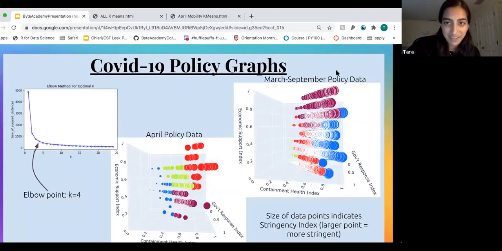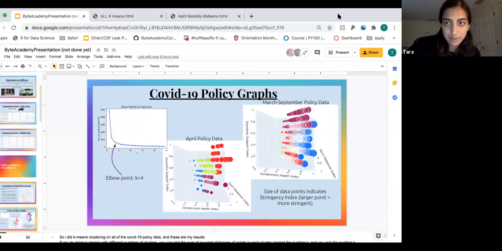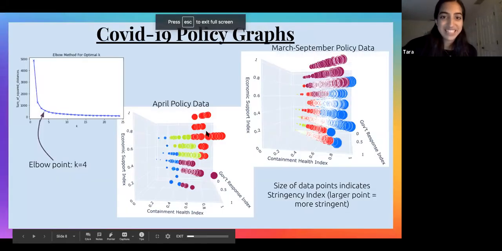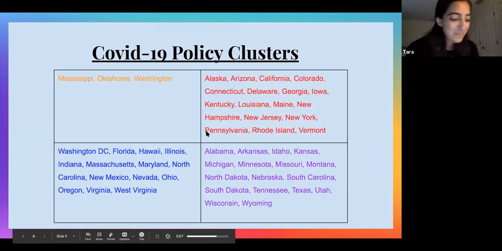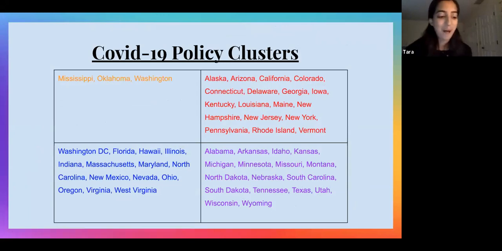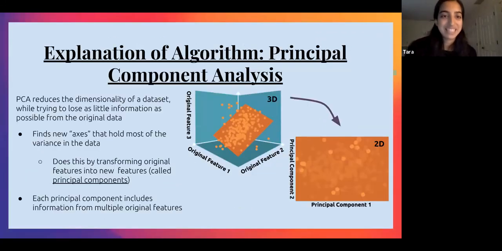So based on that graph, here are the states that are in each cluster based on their similar policies in response to the coronavirus. Some of these states we talked about, but we'll take a closer look in a few slides.